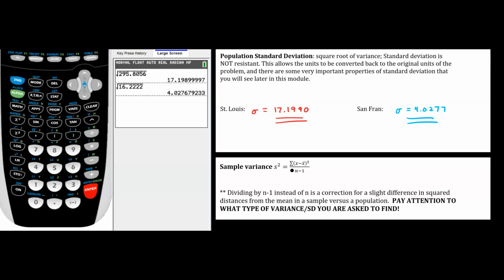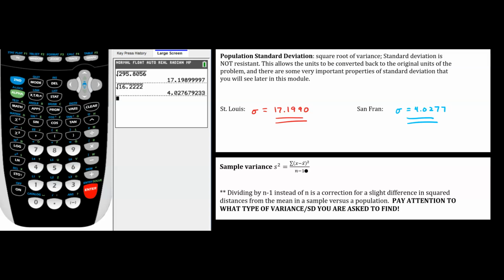Now it's a little bit difficult to explain why we're dividing by n-1 when calculating a sample variance compared to a population variance, but there is a link in your notes, and I strongly encourage you to click on that link and go watch that short Khan Academy video that gives an informal explanation as to why we need this type of correction when we're calculating a sample variance.